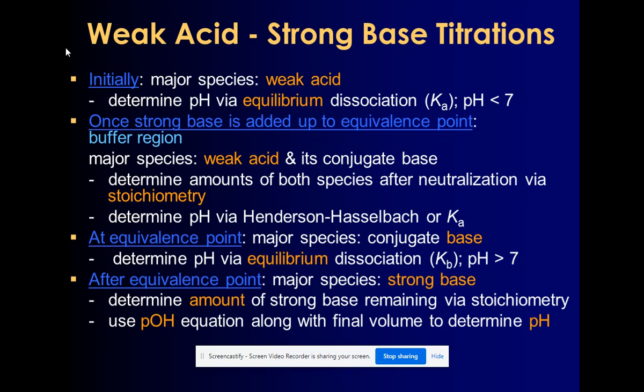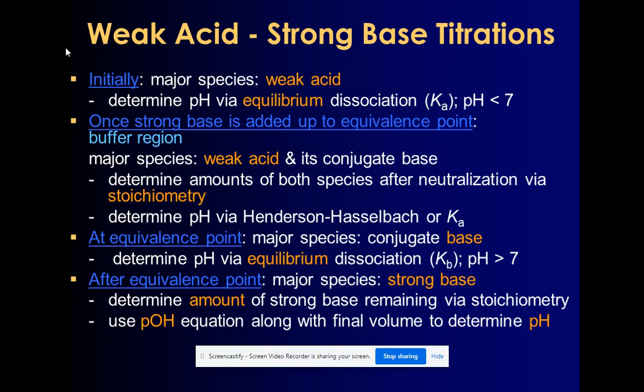Sometimes we can just have weak base. Sometimes we will have strong acid. Sometimes we'll have strong base. And sometimes we'll have both after we account for any additions of strong acid or strong base. And depending on what we have present, influences how we calculate the pH of that mixture or determine what's present.